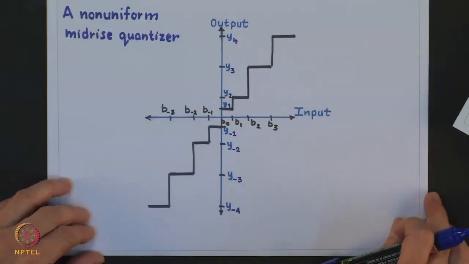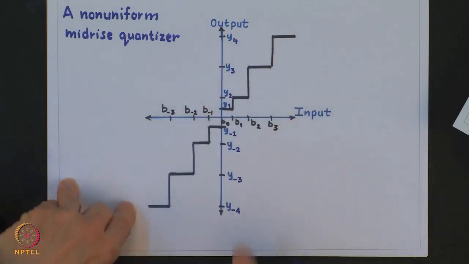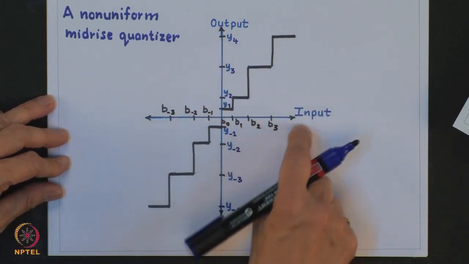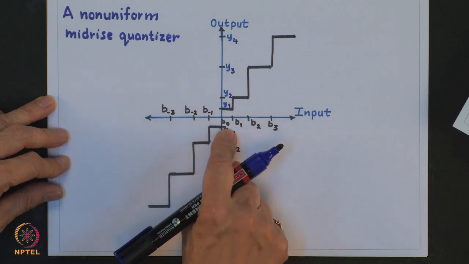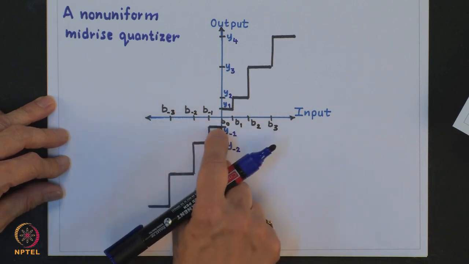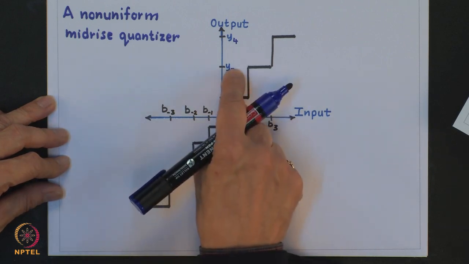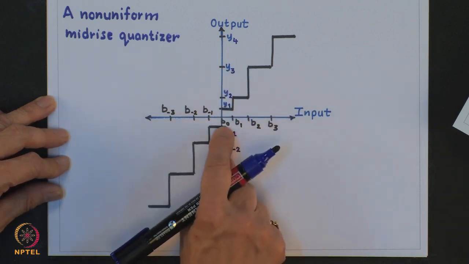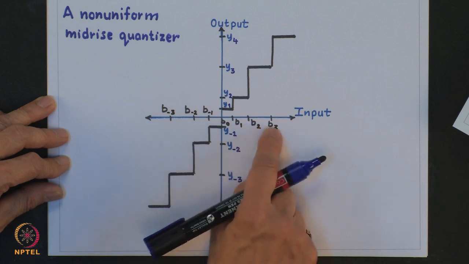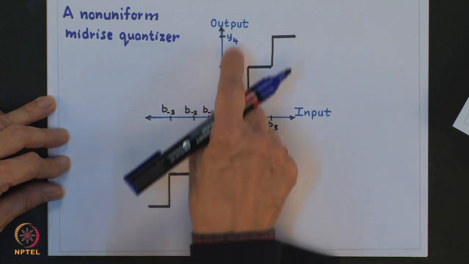So, now the problem of finding out the boundary levels and the reconstruction levels reduces to what I have shown in this figure. We will compute it only for the positive side, and I have shown here basically the decision boundaries and the reconstruction levels. What we would be interested in is obtaining B0, B1, B2, B3, Y1, Y2, Y3, Y4.